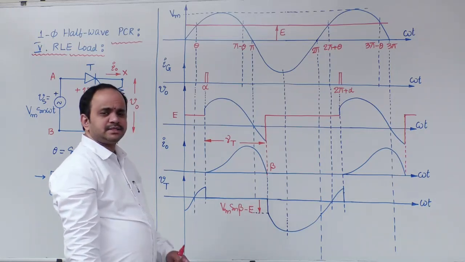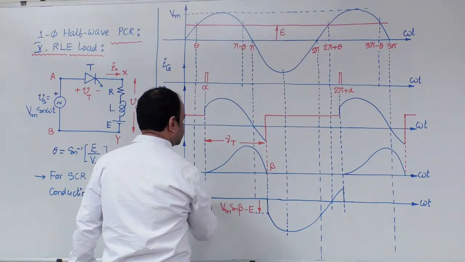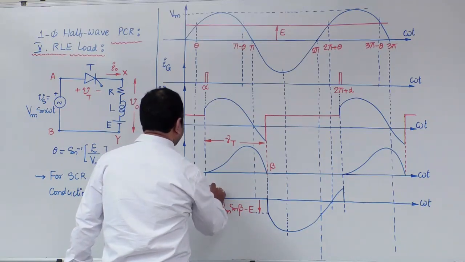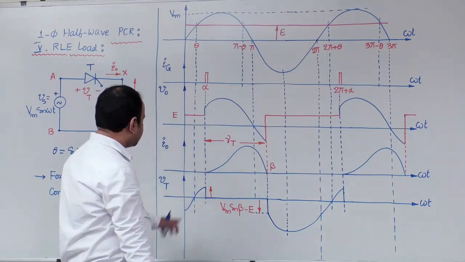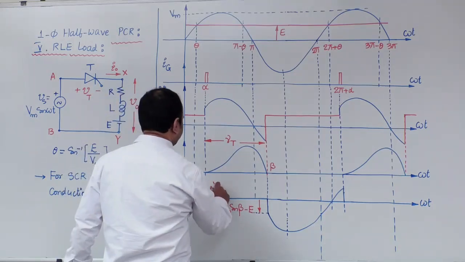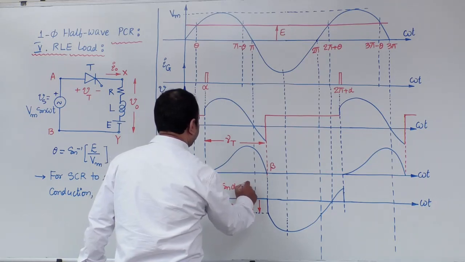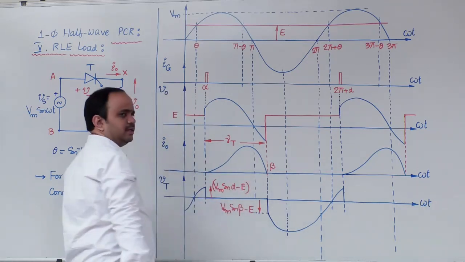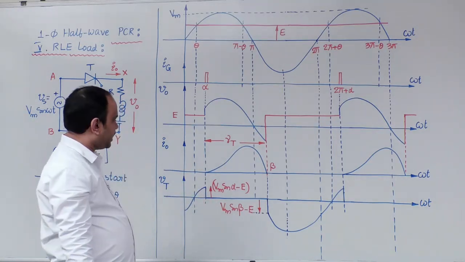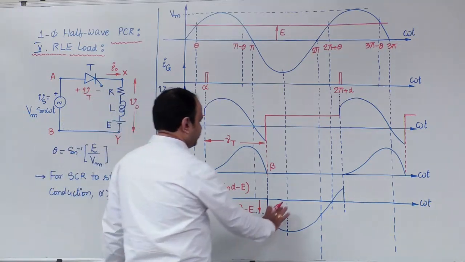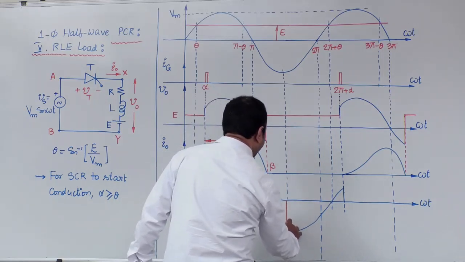Now let us write down a few conclusions here. What are they? Voltage at this instant is Vm sin alpha minus E. Next, at 270 degrees, what is this voltage?